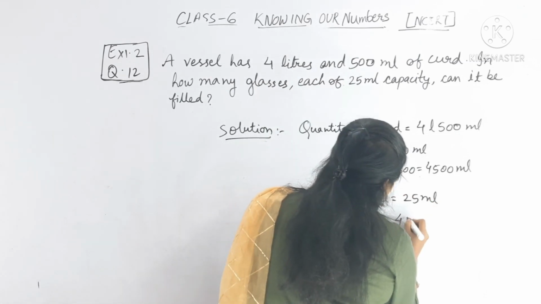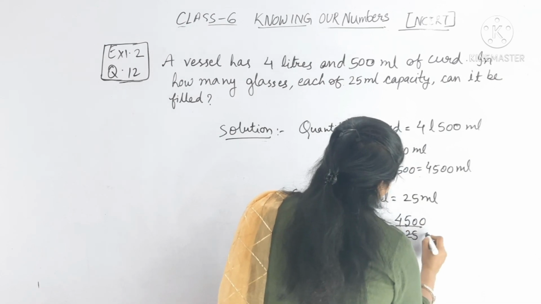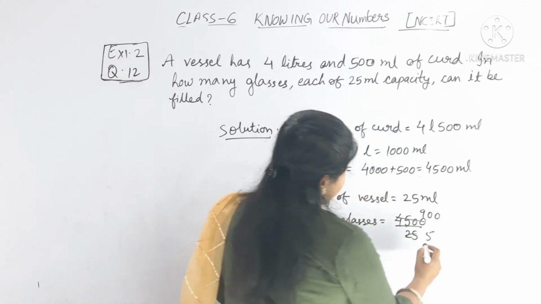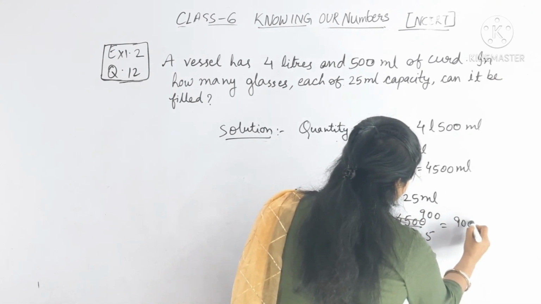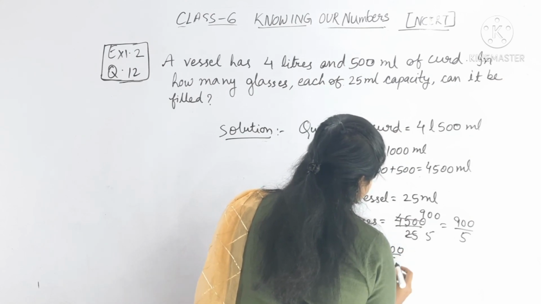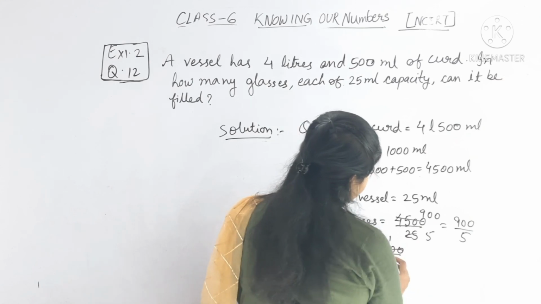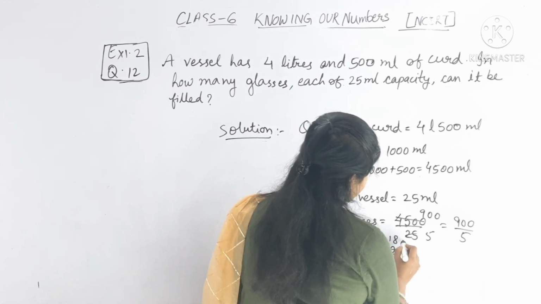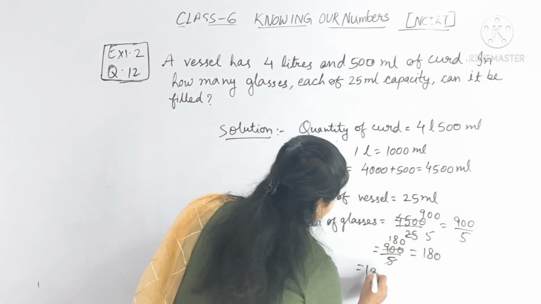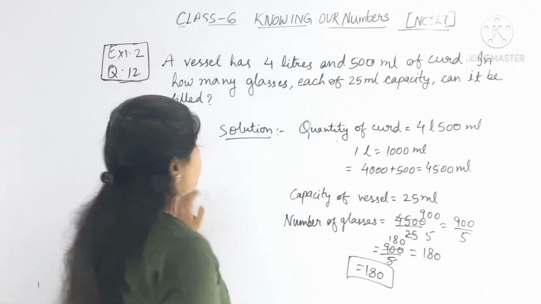Okay, 4500 divided by 25. So 5 5s are 25, 5 9s are 45, 0 0. Then here 900 divided by 5. 5 1s are 5, 5 1s are 5, and 9 minus 5 is 4, 40, 5 8s are 40 and 0. That will be 180. This is the answer of this question number 12.